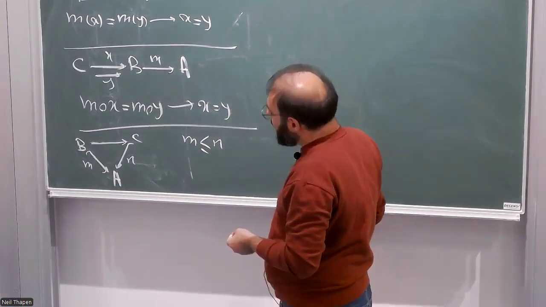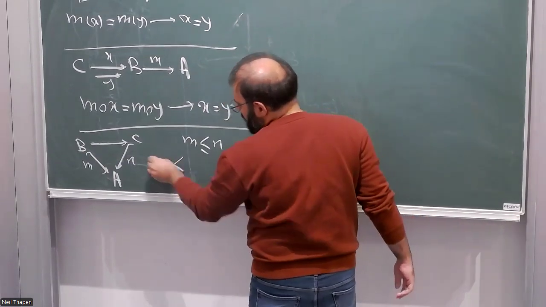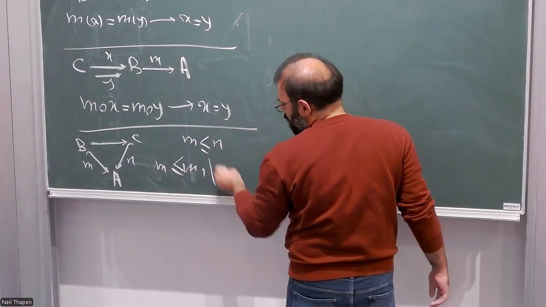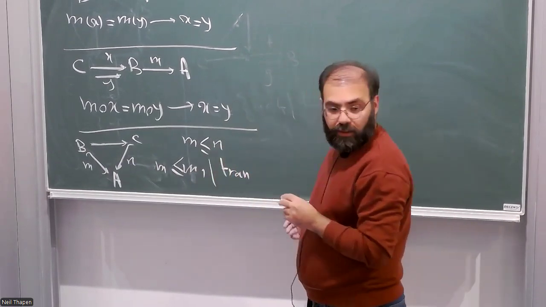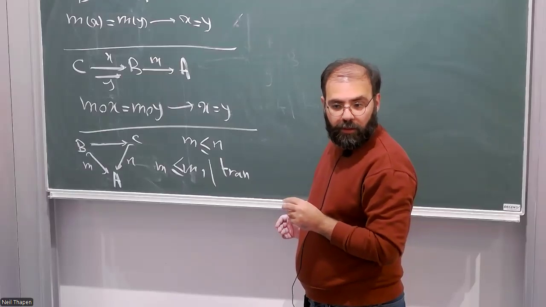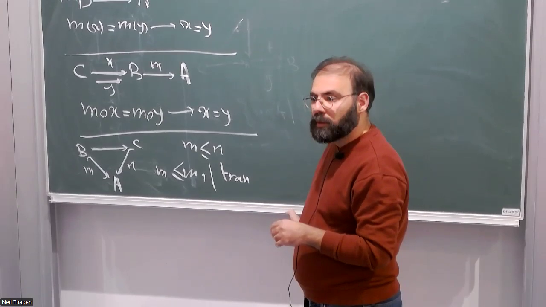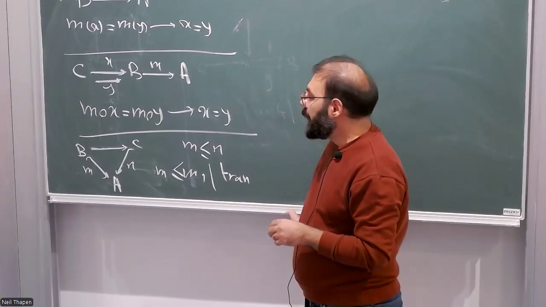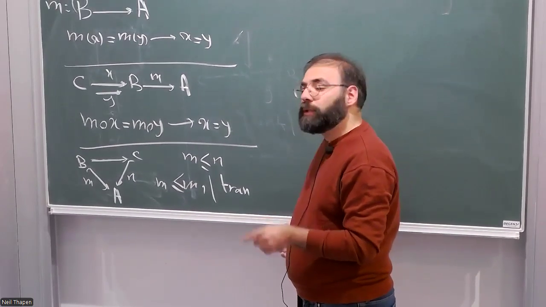And of course, you can check easily that it is reflexive and it is transitive, that I don't write, right? But not symmetric, not anti-symmetric, right? Does the arrow from B to C also need to be monic? It will be. Even more, it will be unique.